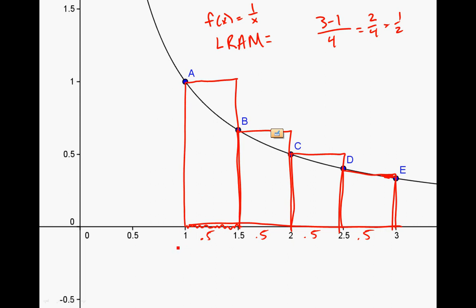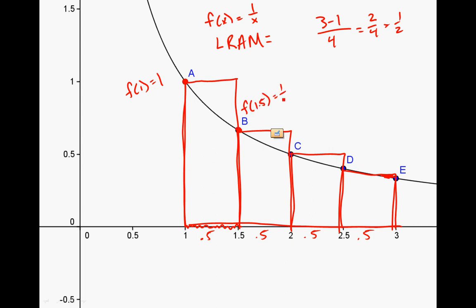So to figure out the LRAM, what we need to do is figure out the height of each rectangle. So what we want to do is evaluate this function, figure out what these points are. So the height here is going to be our function f evaluated at 1. 1 over 1 is going to be 1. Then we evaluate it at 1.5.